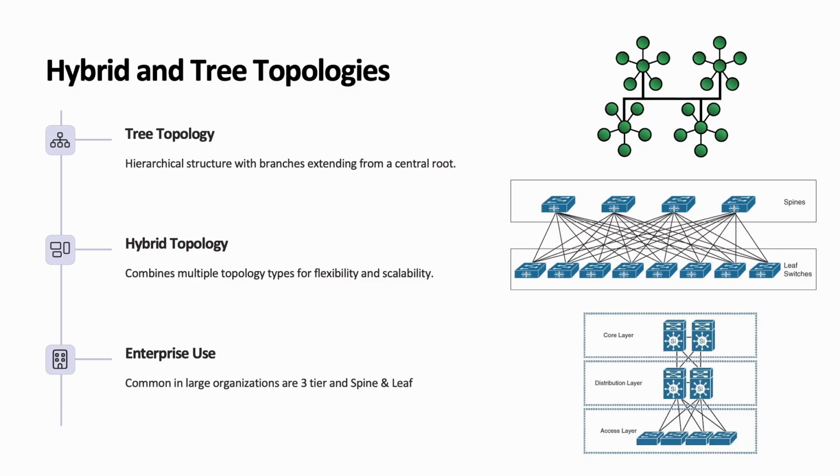A few more topologies that I would like to mention. The first one is the three-tier architecture. This is the standard architecture you will find in a large enterprise network. It comprises three crucial layers: the core layer, the aggregation layer, and the access layer.